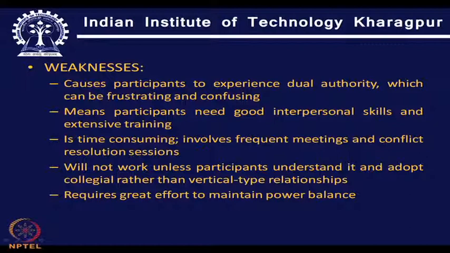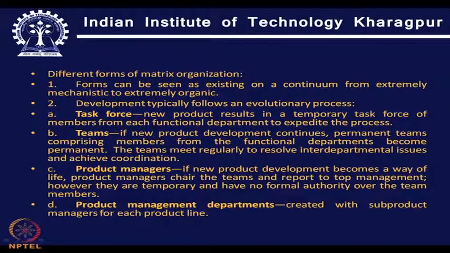The different types of matrix organization that are present are, first, task force. A new product results in a temporary task force of members from each functional department to expedite the process. Next is teams.